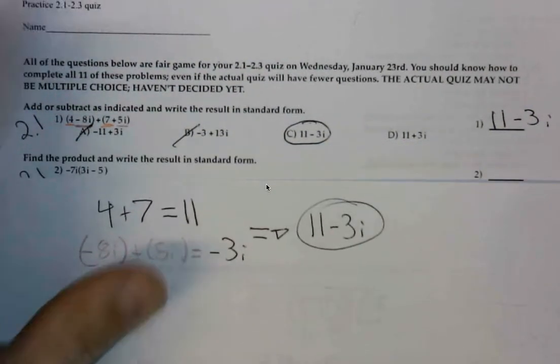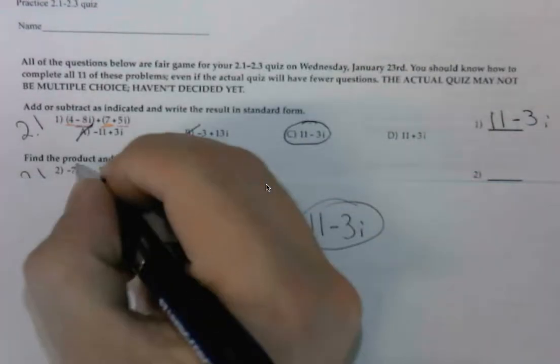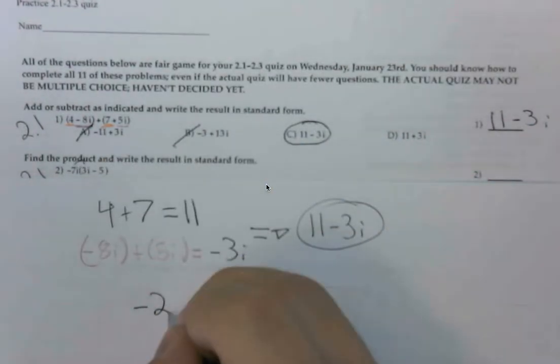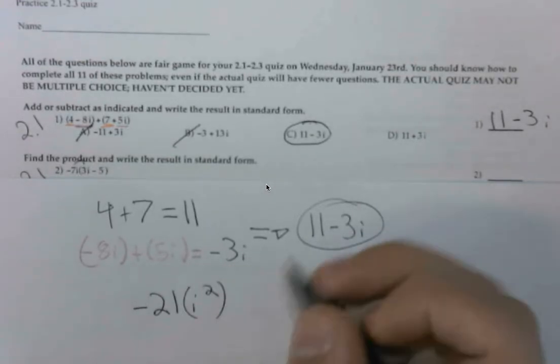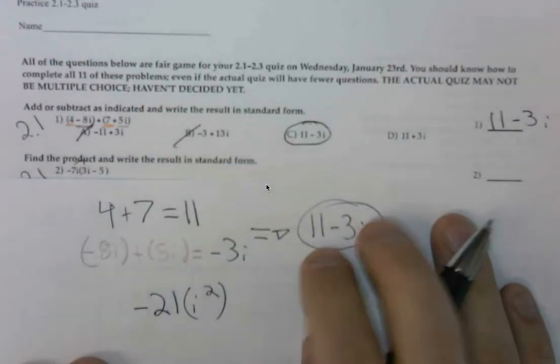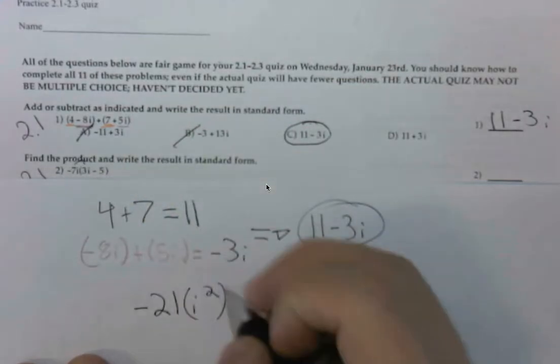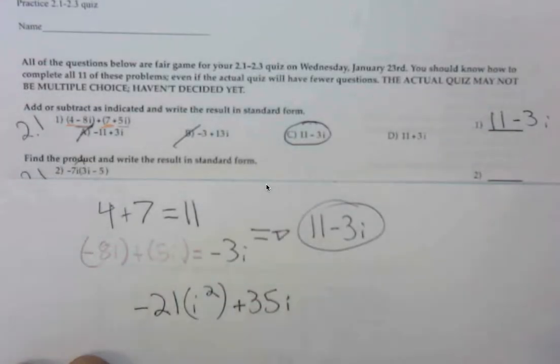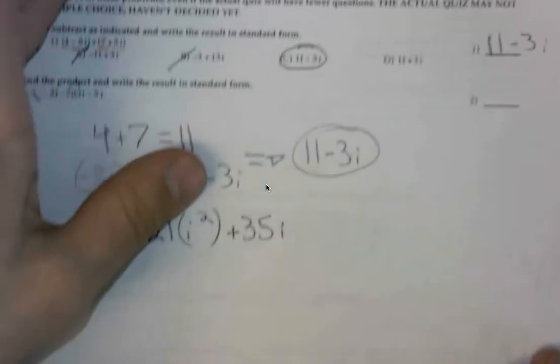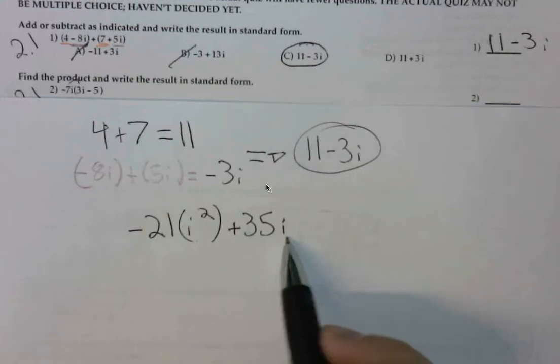Next one has you foiling, so your first product is going to give you negative 21 i times i is going to be i squared, so keep that in mind. You're going to have to change that in a second. Negative 7 times negative 5 is going to get you 35 positive. i's along for the ride. So as we take this further, which of these can we rewrite?